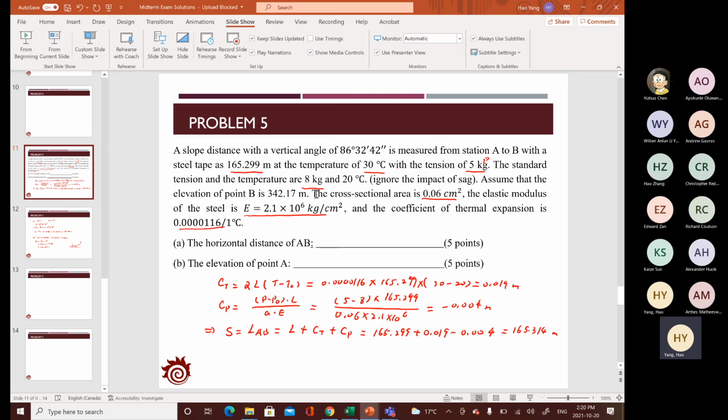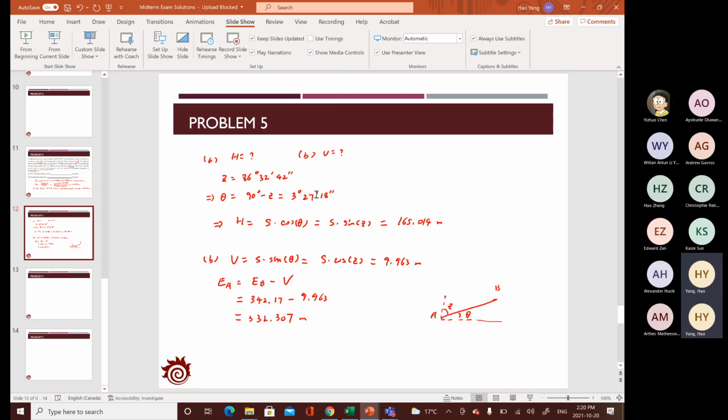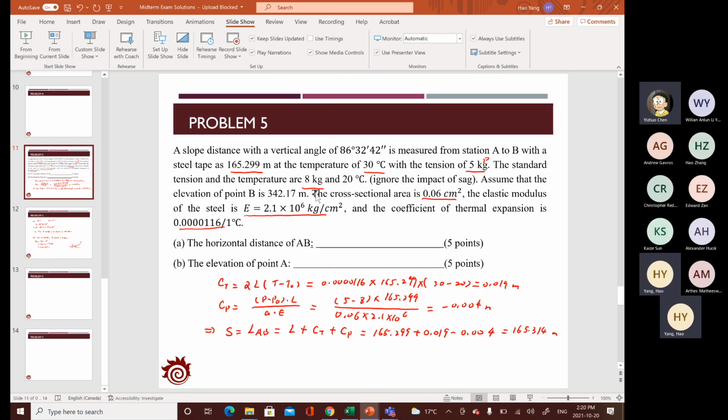But if you did not get that announcement and you did not do the correction, that should be fine. But you need to know how to calculate the horizontal distance and vertical distance, and how to calculate the elevation at point A. So does that mean that if I use the corrections, it should be fine for problem 5? It should be fine. Yes, you can either use the correction or not.